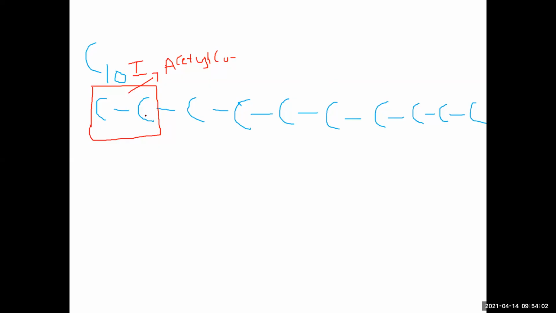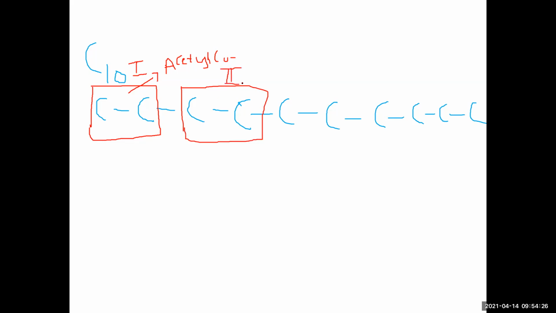Now we are doing C10. Please, everyone, pay attention over here. I used the C10 carbon. Now after round two, what happens? One more acetyl CoA I will produce after round two of oxidation, right? This is my round two, correct?